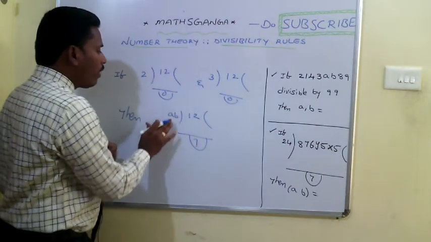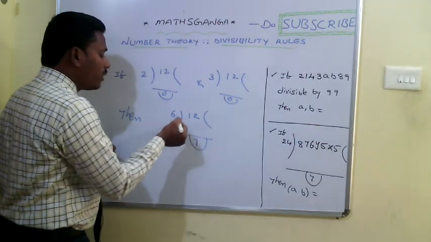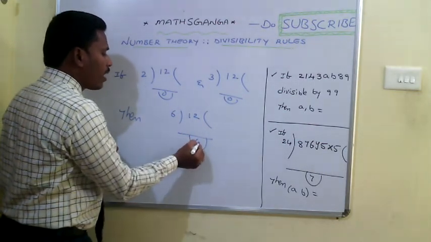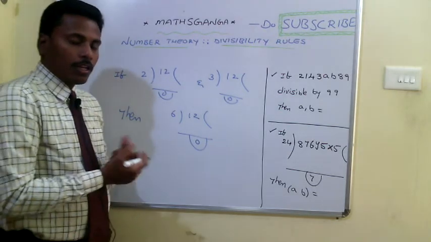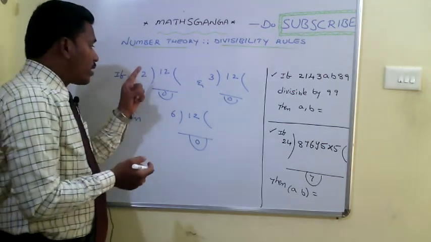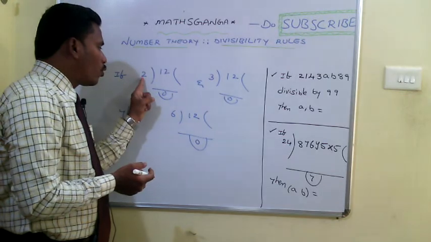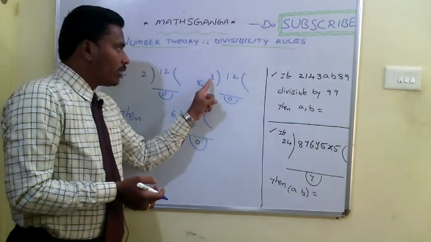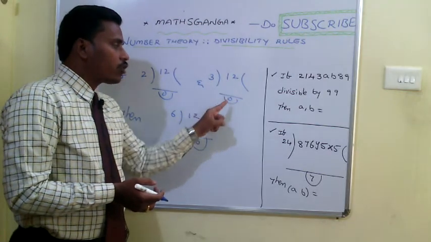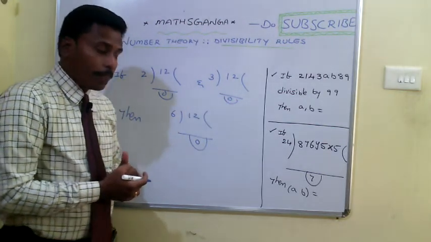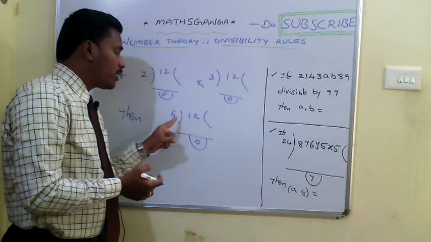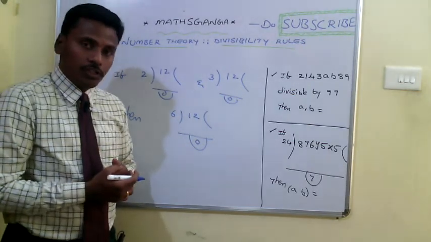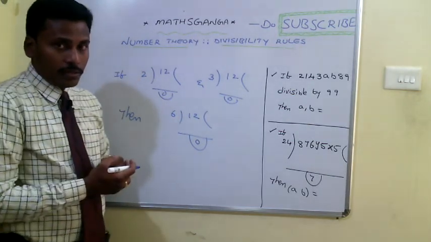And when 12 is divided by 6, in this case also it leaves remainder 0. So since 2 and 3 divide 12 leaving remainder 0, 12 divided by 6 also leaves remainder 0. This is one case.